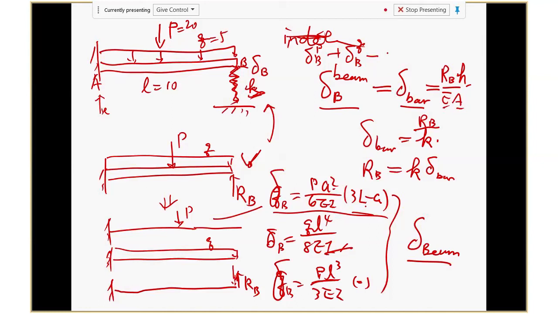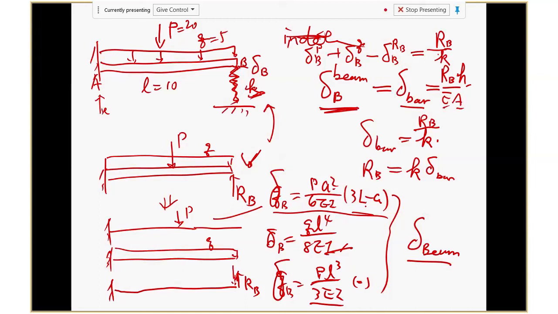I mean this expression, right? And then minus the delta B from the load RB. So I mean this expression. Okay, then when you add them together, that's the delta beam. So that equals the delta bar, and delta bar is supposed to be RB over K. So that's the final equation.